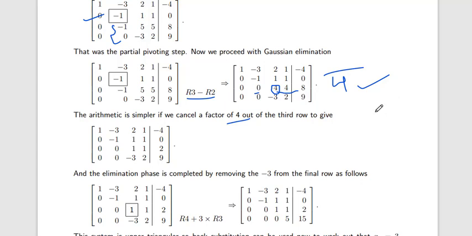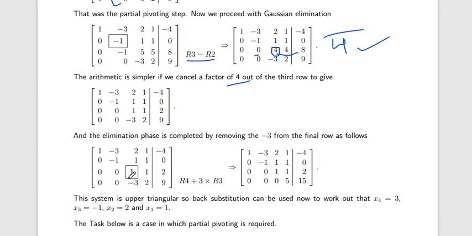It depends on you how to solve these types of matrices, okay. Now here is 1, and we want to transform this -3 into 0, so multiply the third row by 3 and add, R4 plus 3 times R3.